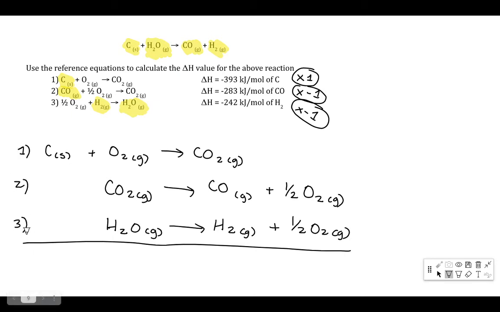What I'm going to do is combine these, right? And instead of writing out all of these things, I think I can cancel out a few before I even combine them. That might make my life a lot easier, right? And in order to do that, I'm just going to compare anything that I see on the right side of the arrow and anything that I see on the left side of the arrow. If they're the same, I'm going to cancel those out, right? So CO2 gas, I see one CO2 gas, another CO2 gas.